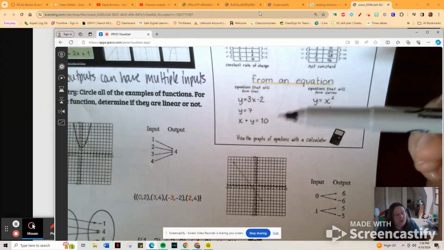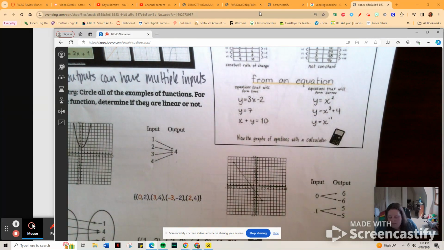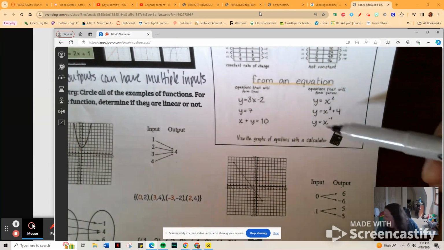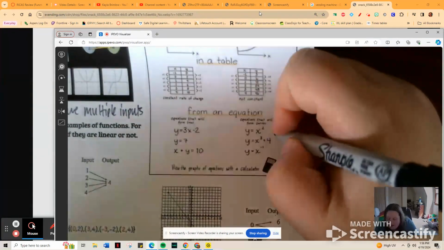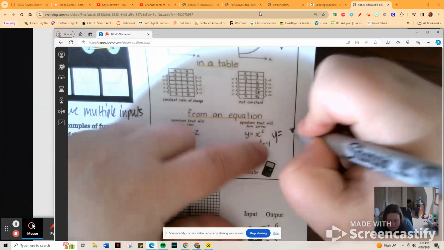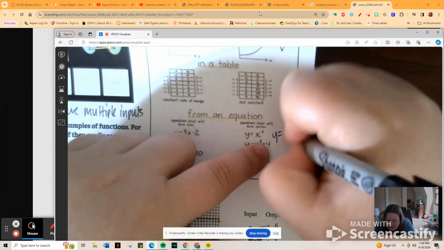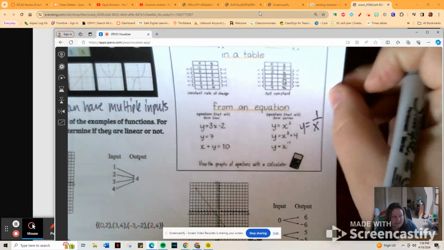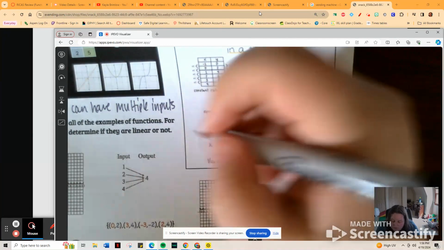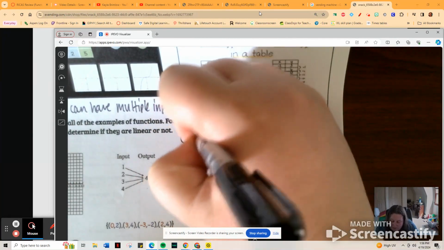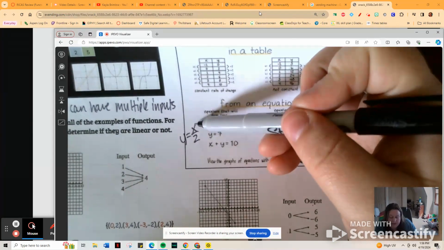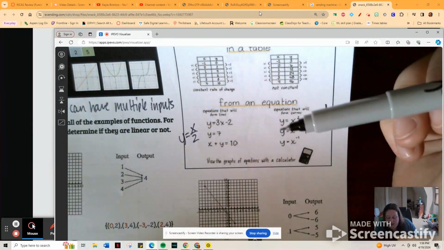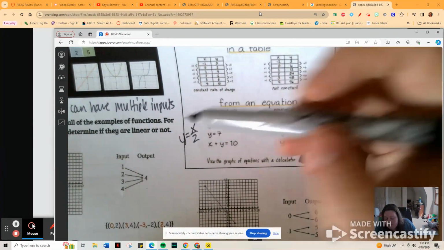In equation form, you're going to notice that it's easier to tell with nonlinear equations because they're going to have exponents. They could also have fractions where x is in the denominator. If x is in the numerator, so if we made this y equals x over 2, as long as it's just x, or 3x, that doesn't matter.